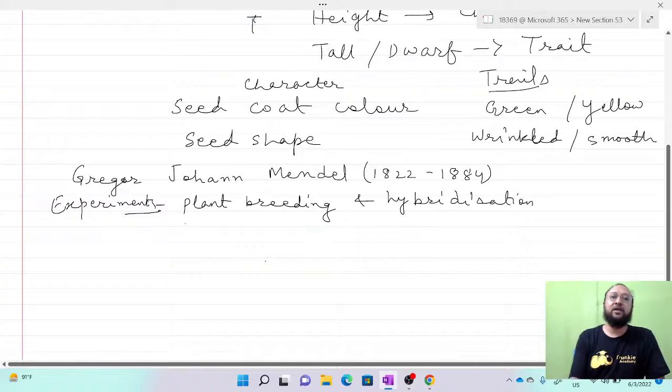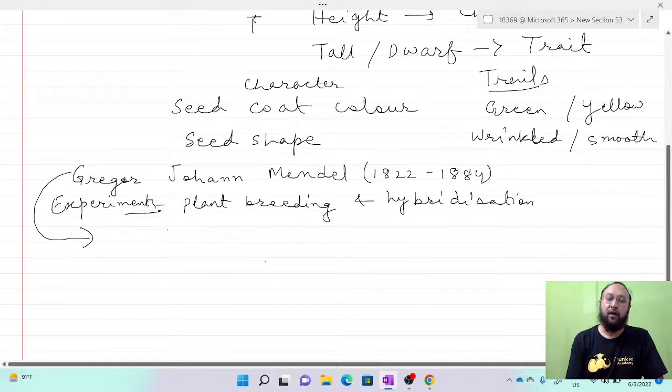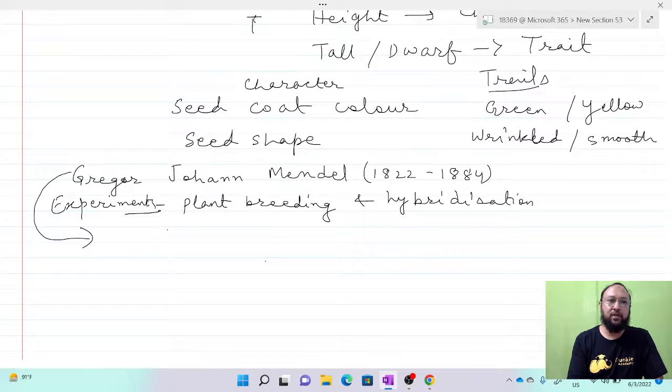He is regarded as the father of genetics, Gregor Johann Mendel. Why? Because he was the first scientist to study extensively the mode of transmission of characters from parents to offspring, or from one generation to another.